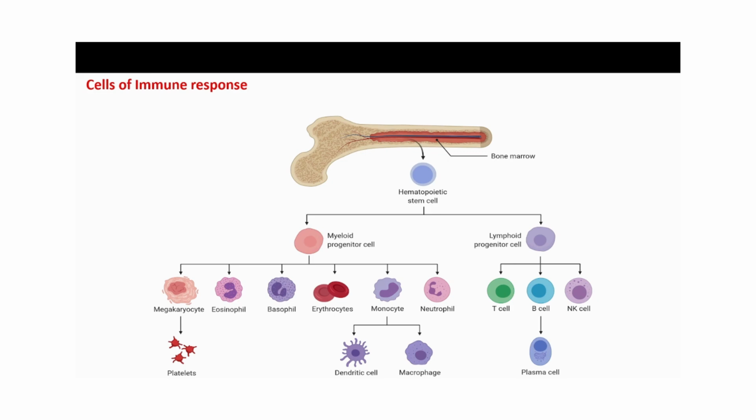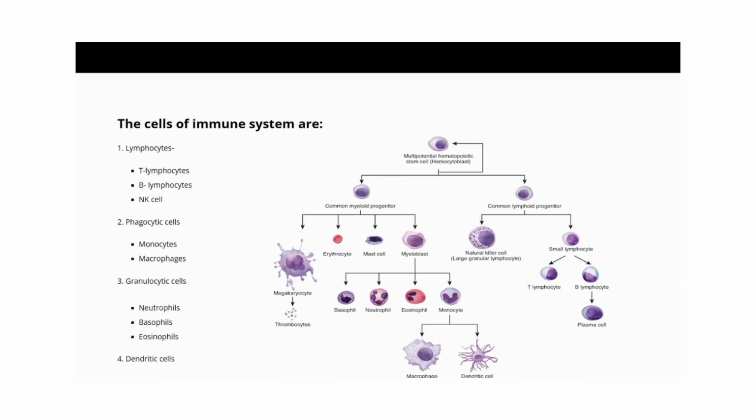Here you can see the myeloid progenitor cell differentiates into a number of immune cells, while the lymphoid progenitor cell will develop into 3 types of immune cells. So we can divide this hematopoietic stem cell into 2 types, lymphoid progenitor and myeloid progenitor cells, where the myeloid progenitor cell we can differentiate into phagocyte and granulocyte.